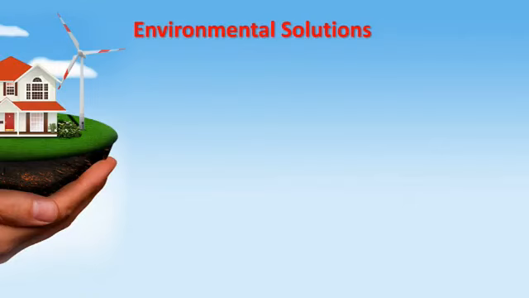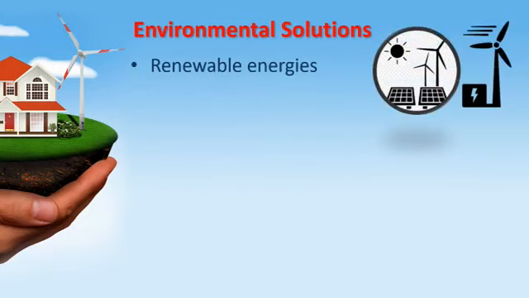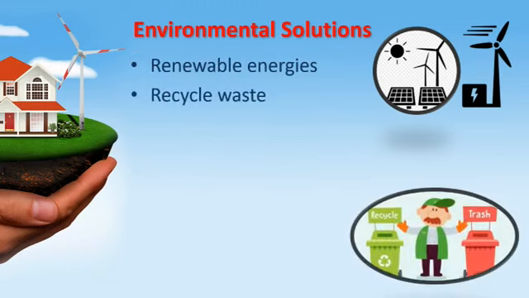Now let's have a look at some of the solutions provided for those environmental problems. An example is to use renewable energies, just like solar energy or wind energy. Another solution is to recycle waste.